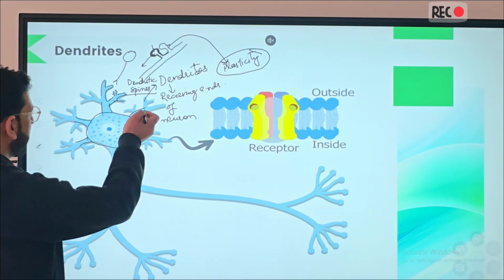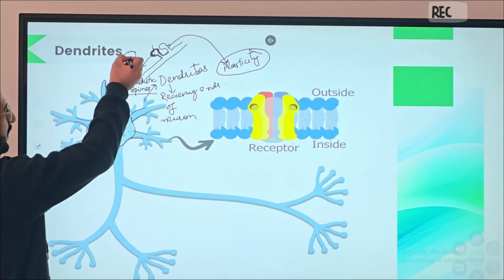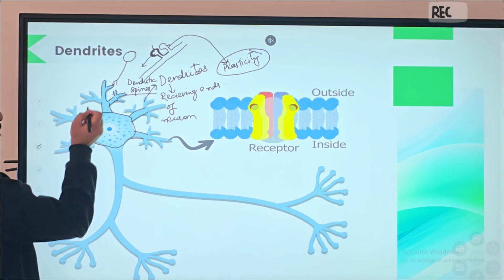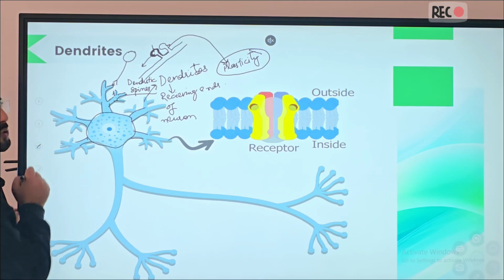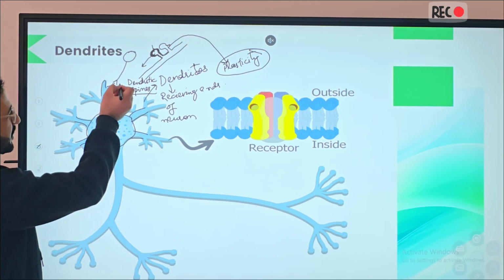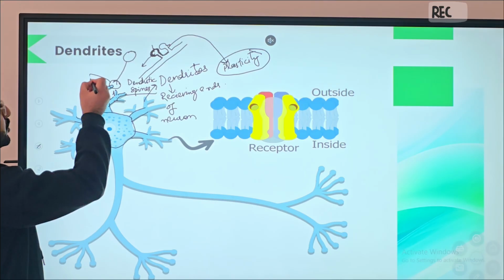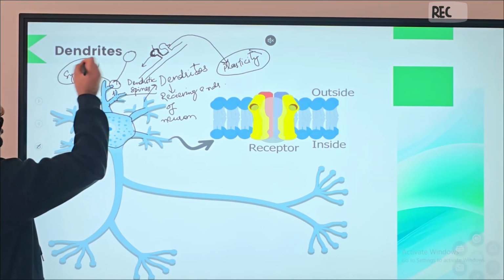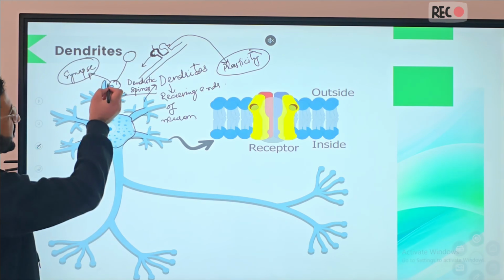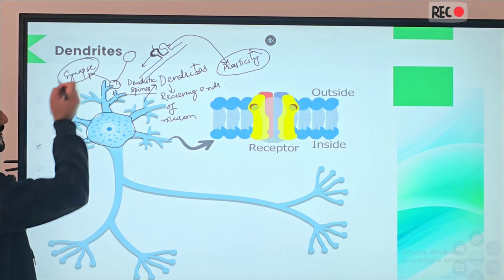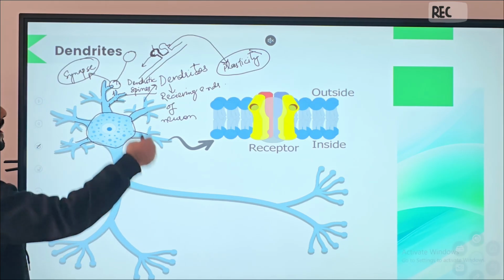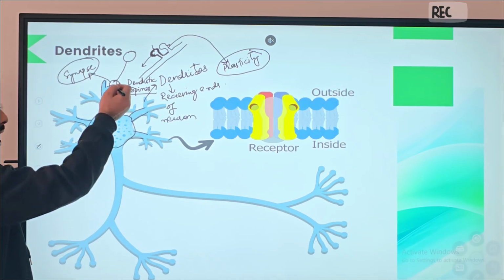Now, suppose here is a dendrite and here is a neuron, and this neuron has to transfer the impulse to this neuron. The junction between these two neurons is called a synapse. Please understand this. We will talk about synapse in detail, but the junction between these two neurons is called a synapse. Suppose this big neuron here is after the synapse, after the junction.